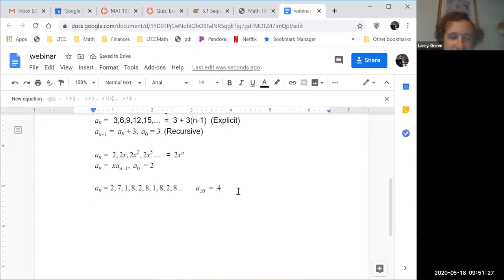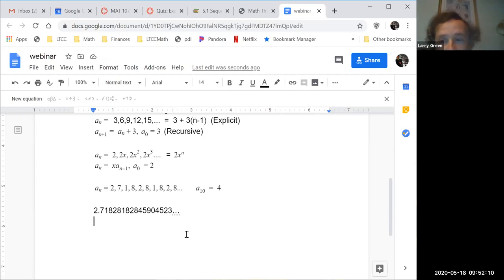Anyone know why? Very important sequence. I'll write it a little differently. Yes, okay, so sequences don't have to be geometric, and they don't have to be arithmetic.